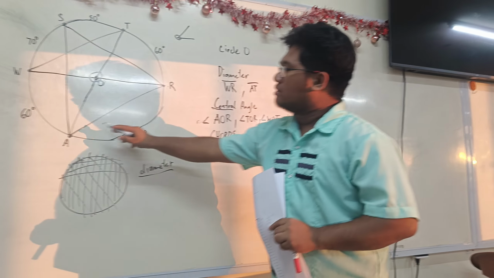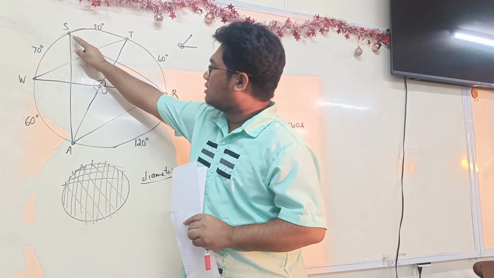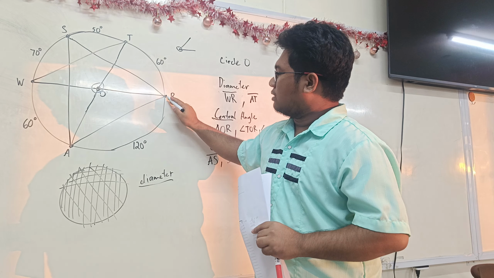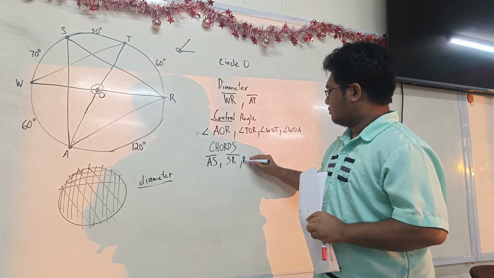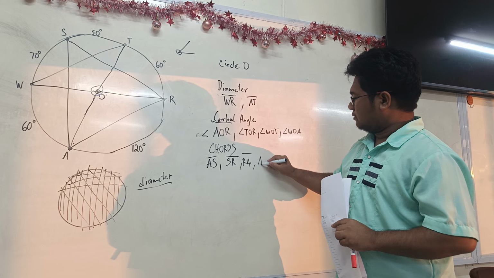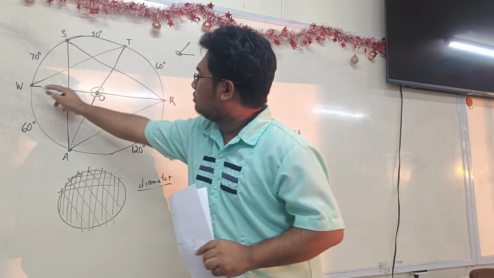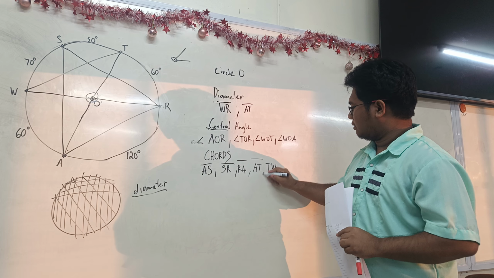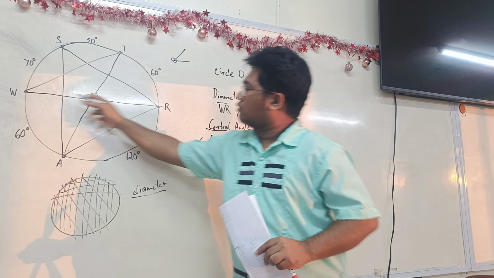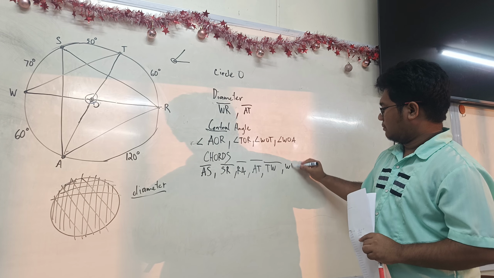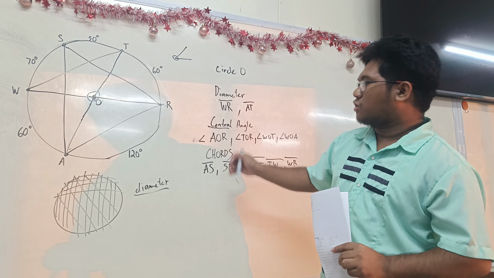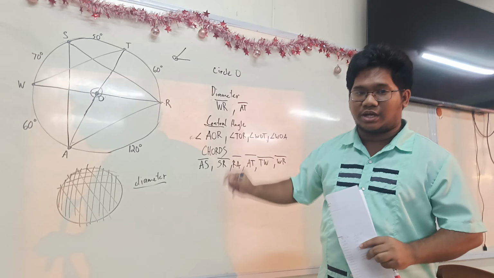Then para hindi tayo mawala, sunod-sunod natin A to S, S to R, then R to A, A to T, then P to W, W to R. Okay, so with that, nagawa na natin lahat. So we have 6 chords in total dito sa ating circle.